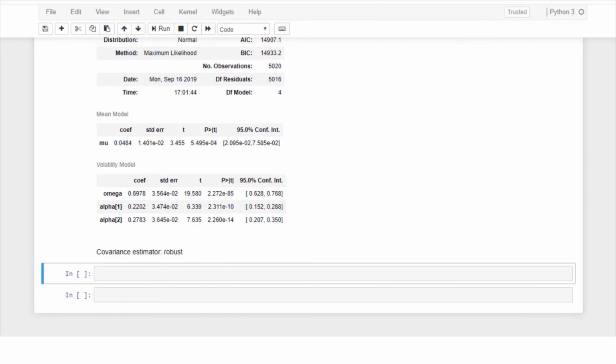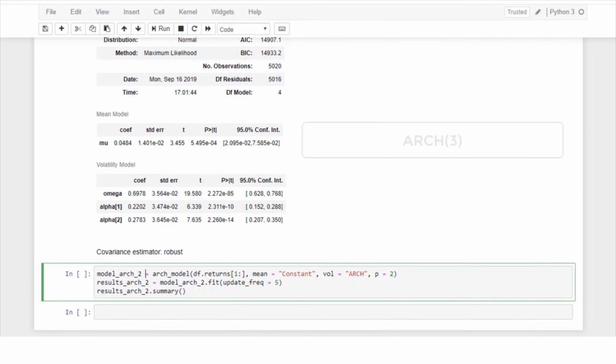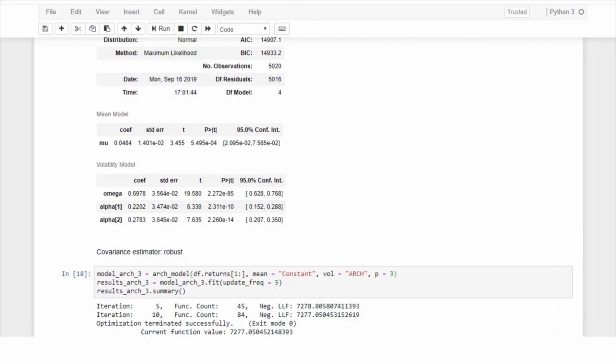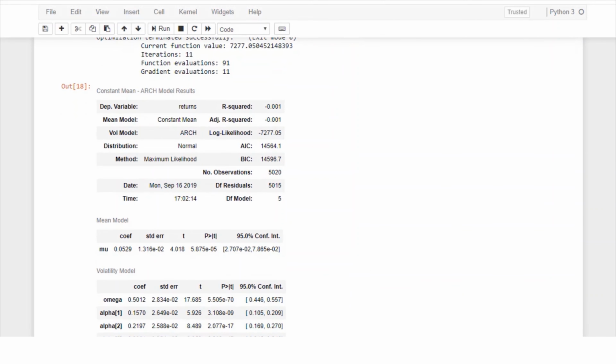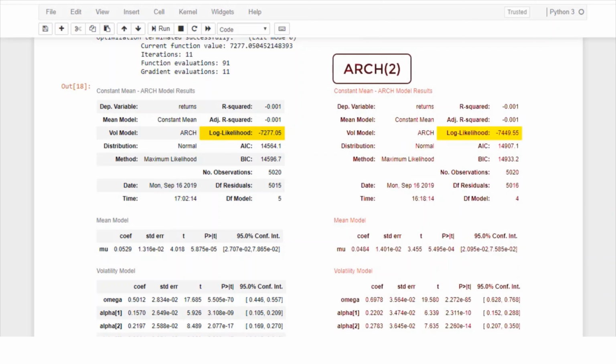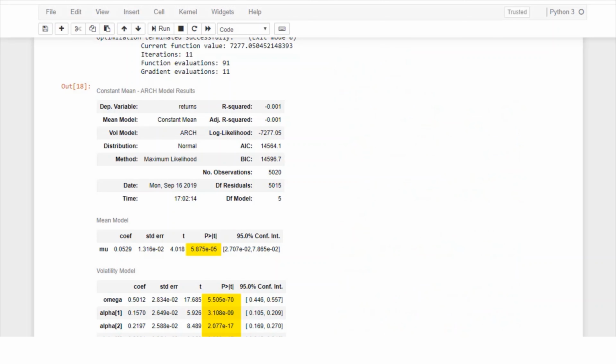We can repeat this same action and compute the values for the ARCH 3. If we do so, we'll see that the log likelihood keeps increasing, but by a smaller number. The AIC also keeps decreasing marginally, while the coefficients all remain significant.